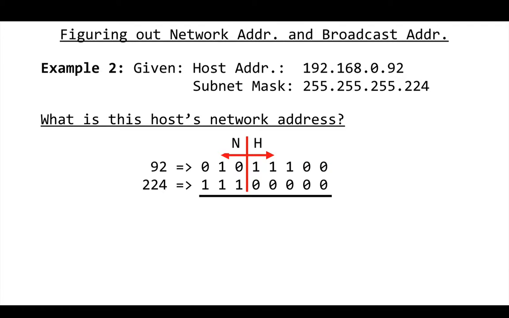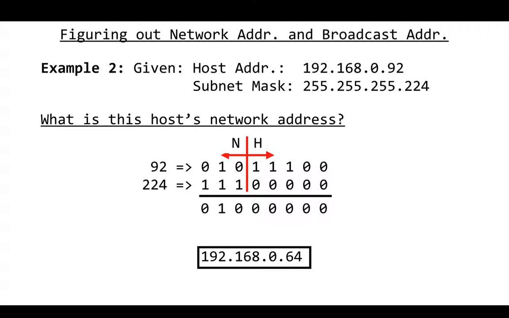If we do a bitwise AND of this, we're going to get 0, 1, 0, 0, 0, 0. So all those host bits are set to 0. That means that the network address for the network that this machine is on is 192.168.0.64. So that's the network address.